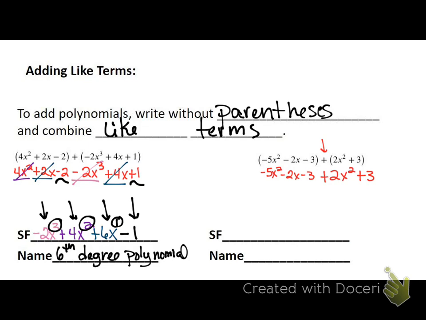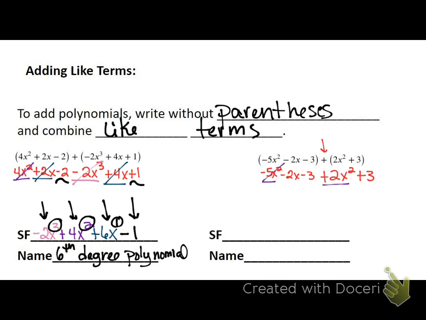Combine like terms. Right. So, Riley, when I combine my like terms, what do I want to start with to make it easier on myself to write my final answer? Because you're starting with the one with the highest degree, right? Yeah. So he's going to take a like term, negative 5x squared. What's its like term? Plus 2x squared.